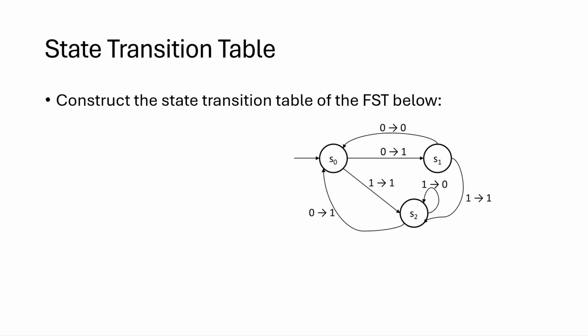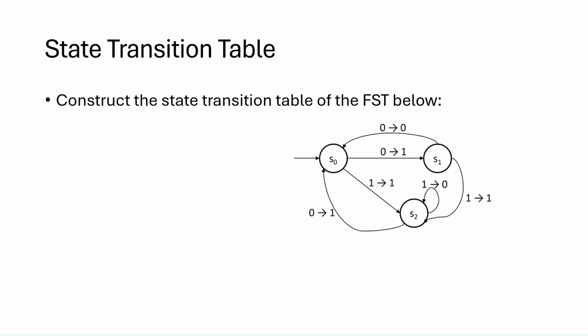Here's our first example. You see this finite state transducer with three states and all the transitions. If you study this graph, this is the behavior that is important for the state transition table.